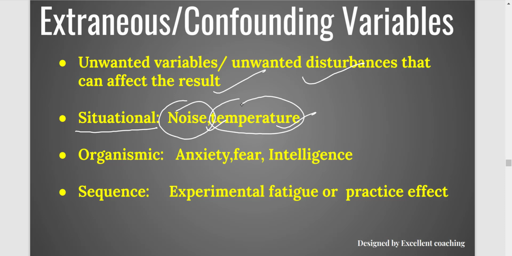There are others also. The second category is related to the organism. So organismic variables, like people facing anxiety during the experiment, people fearing something during the experiment, or maybe people with different kinds of intelligence, may cause our results to change or be modified.